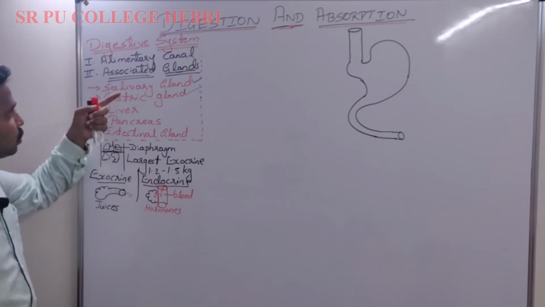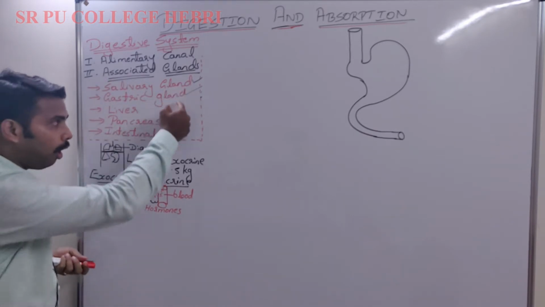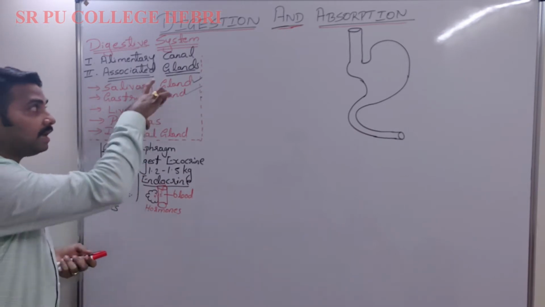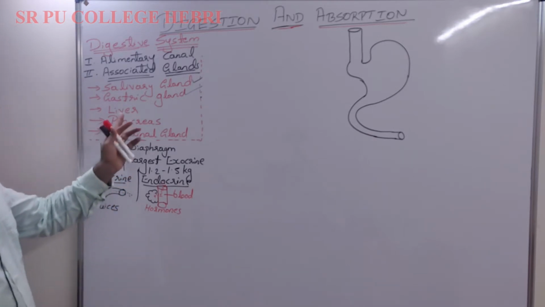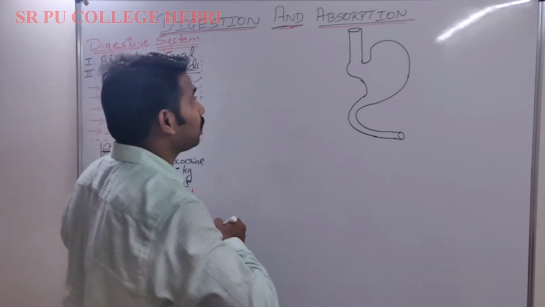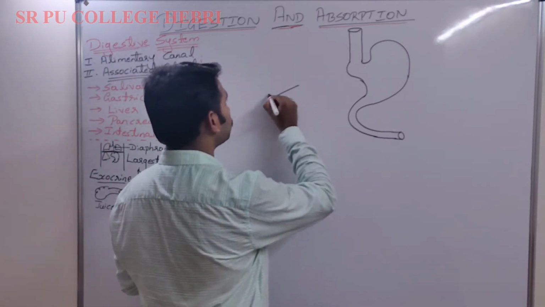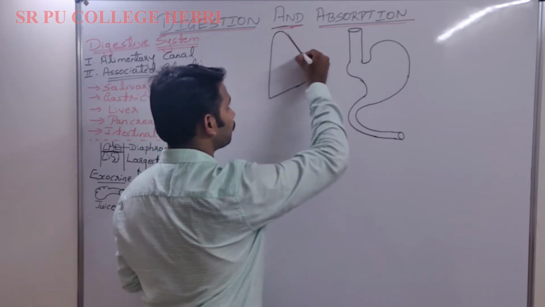Now, the associated glands I am discussing here, all of them are what? Exocrine. Because they are all with duct. Is that clear? Likewise, I am discussing now about liver, which is also an exocrine gland. It is the largest exocrine gland, made up of two lobes.